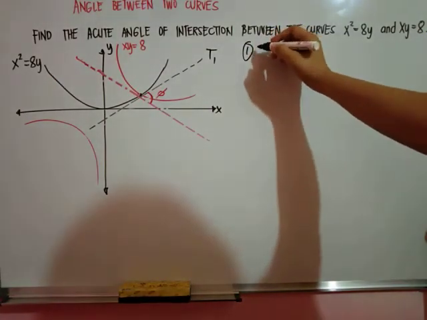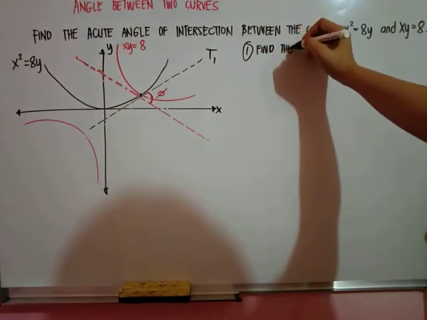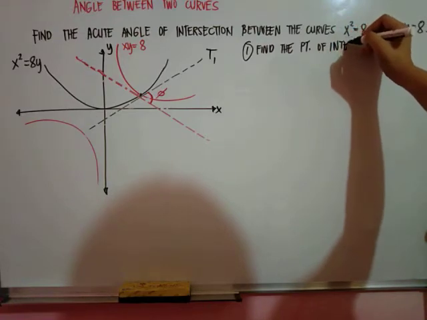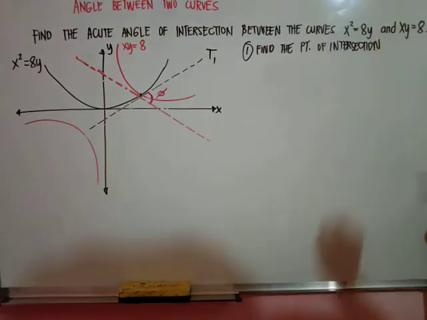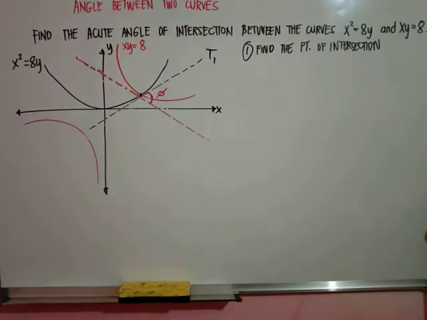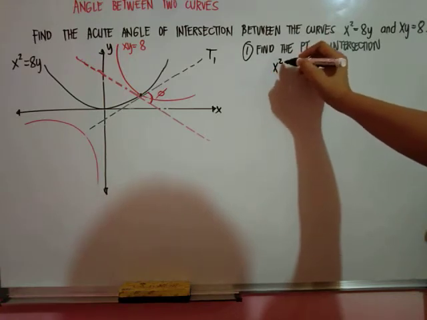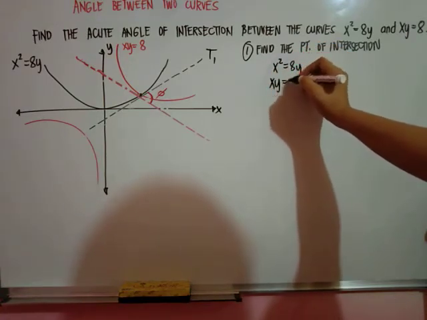So, find the point of intersection. Paano ba yun? Ang gagawin lang natin, ipag-i-equate natin yung dalawang equation. Di ba yung dalawang function natin, x squared equals 8y, then xy equals 8.